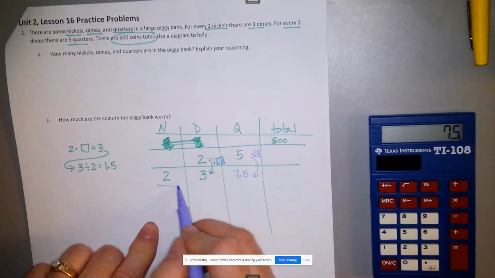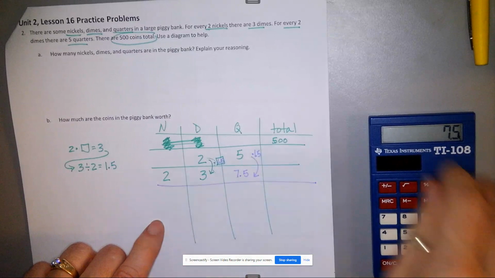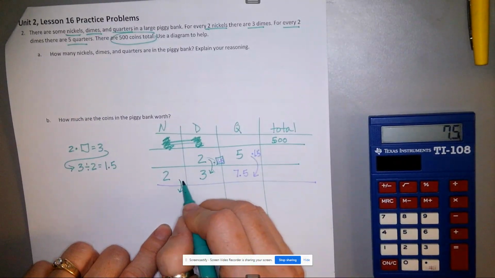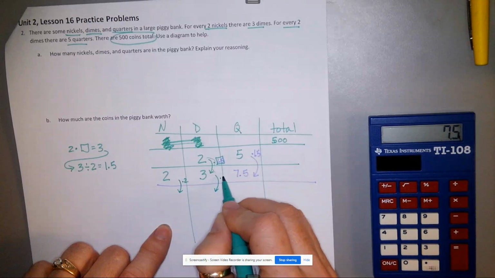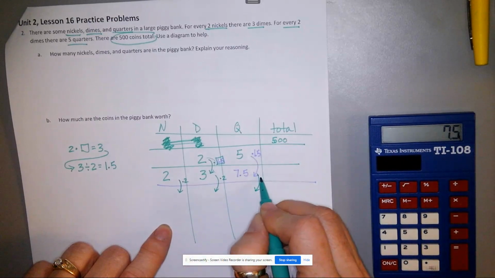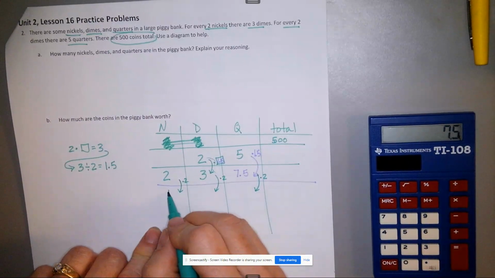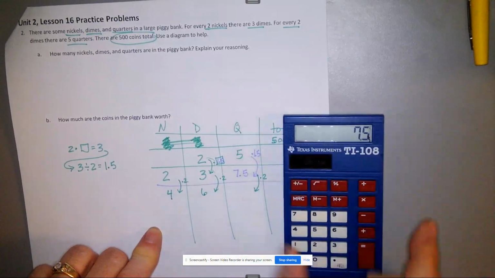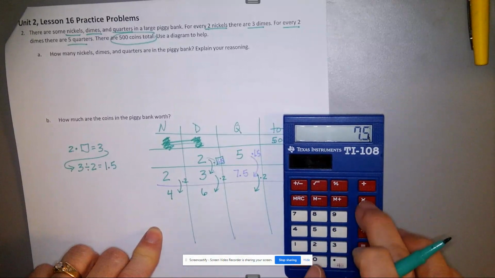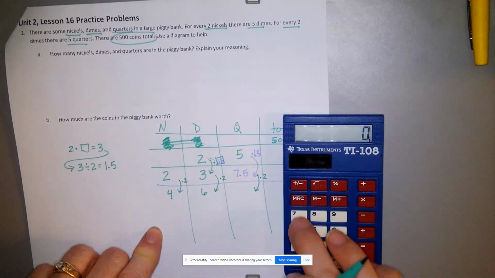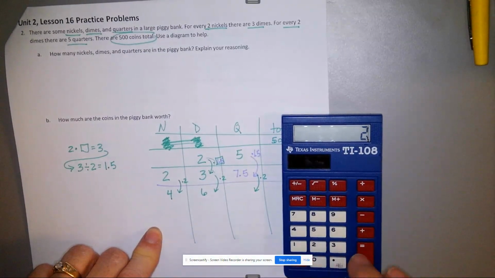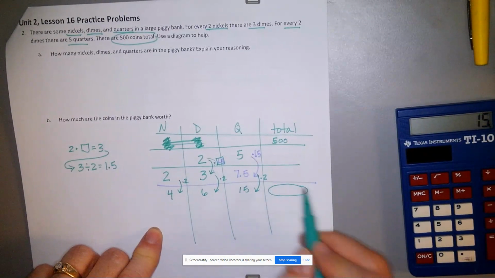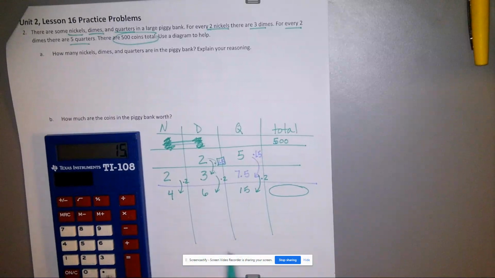I want to have a whole number. So I think I'm just going to take all that information and I'm going to double it. So everything times 2. Which gives me 4, 6, if you're not sure, 7.5 times 2 is 15.